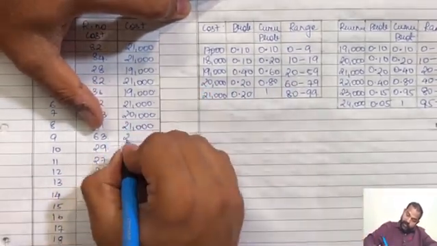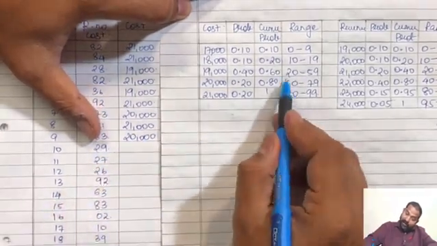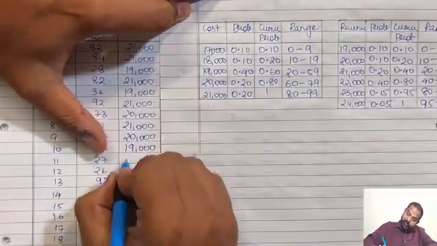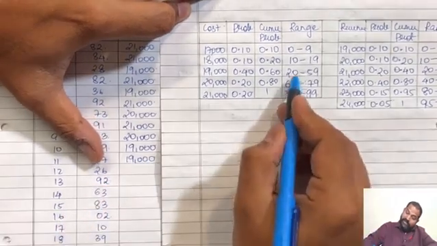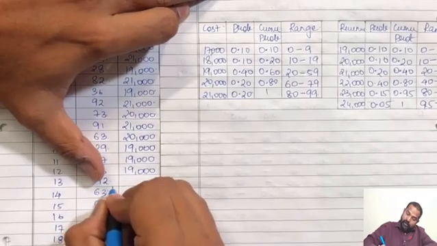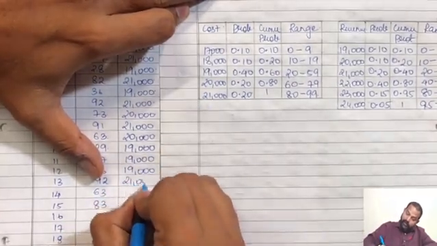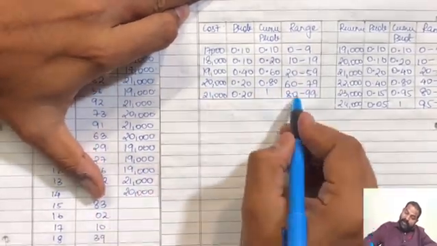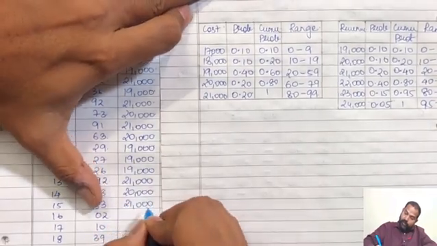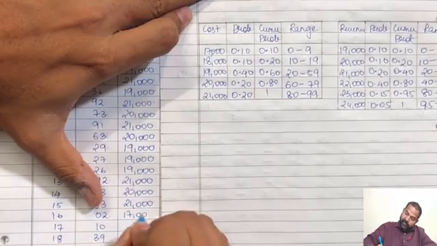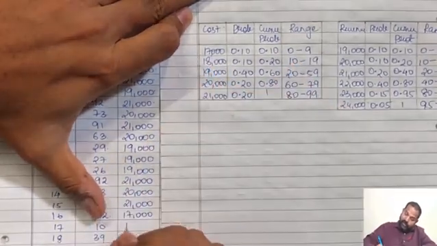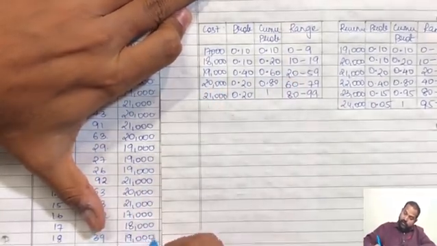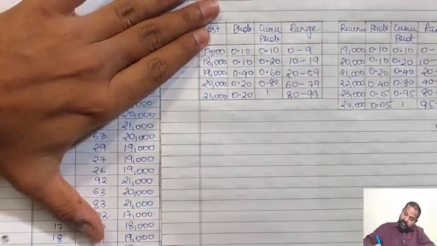63 falls here, so it is again 20,000. 29 falls here, so it is 19,000. 27 falls here, so it is again 19,000. 26 falls here, so it is again 19,000. 92 falls here, so it is 21,000. 63 falls here, so it is again 20,000. 83 falls here, so it is again 21,000. 2 falls here, so it is again 17,000. 10 falls here, so it is again 18,000. 39 falls here, so it is again 19,000. 10 falls here, so it is again 18,000.